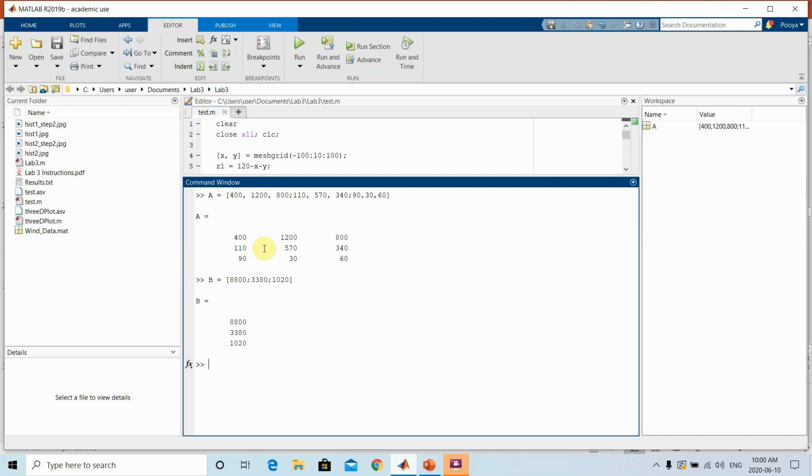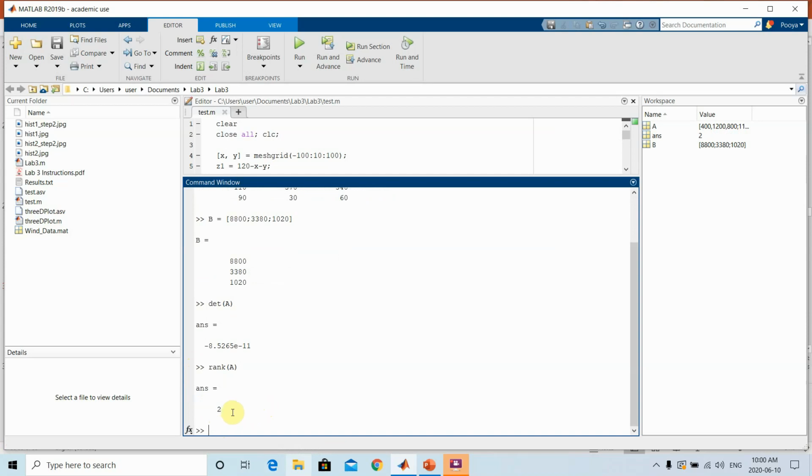Okay, so first of all, if you want to find out if this matrix is invertible or not, you can just find the determinant of A. This was shown in the previous slide. So this is a very small number, right? It can be a numerical error here, so it can be interpreted as 0. So let's see what the rank of A is. It's 2.